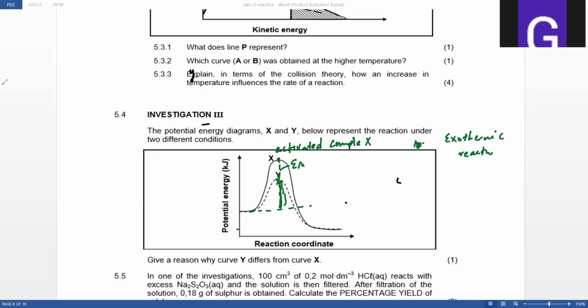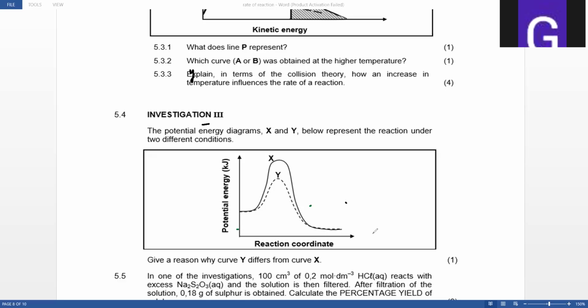What could be the possible reason here? The addition of a catalyst. A catalyst speeds up the reaction by lowering the activation energy and without undergoing any permanent change. What does it mean? Without changing the reactants or the product. It just speeds up the reaction, but without changing the reactants or product.